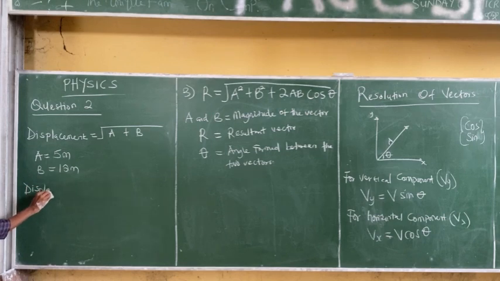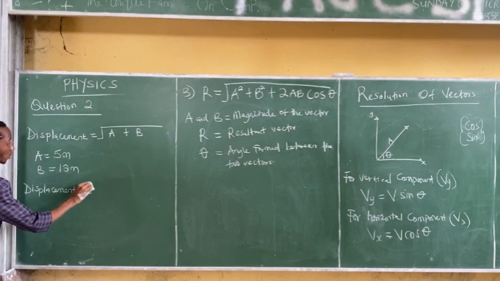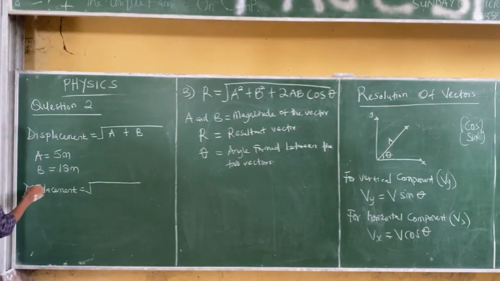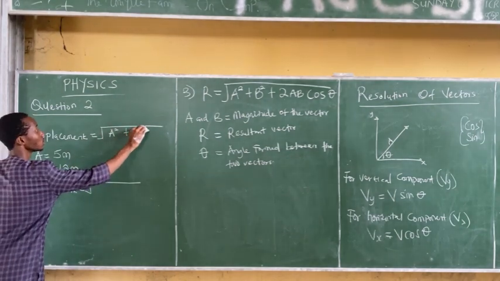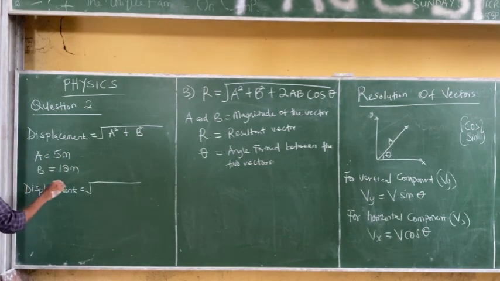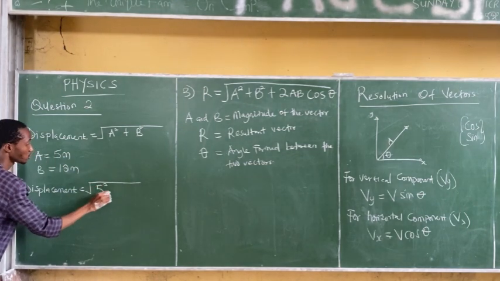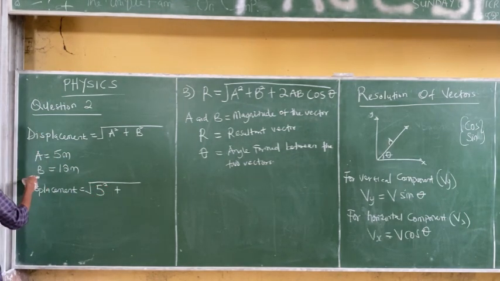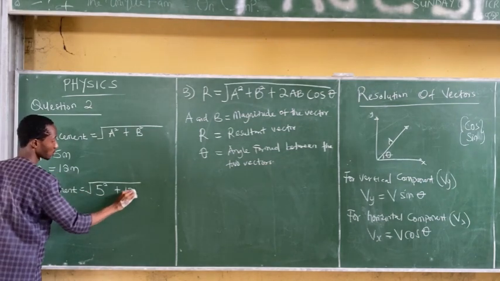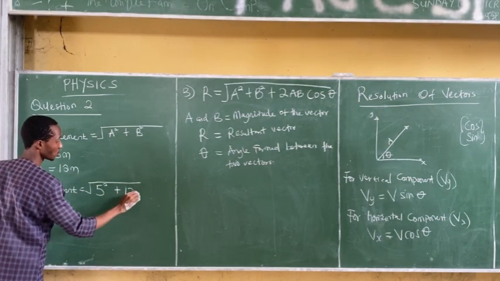If you substitute this into this equation, we're going to have displacement is equal to the square root of A squared, sorry, both of them are squared. Vector A is 5, so 5 squared plus vector B, which is 12, squared.